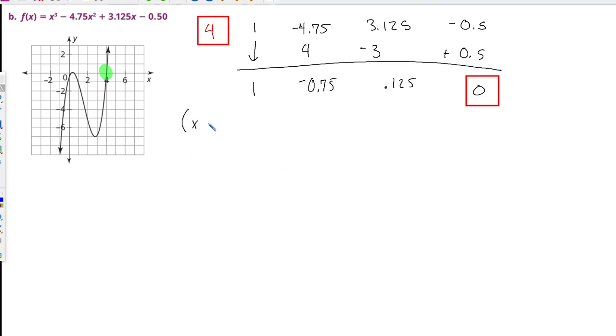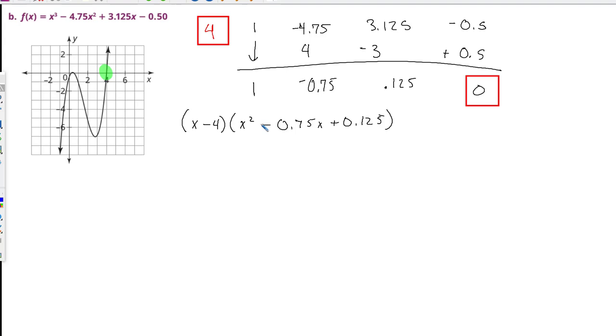So I know that I have x minus 4 times x squared minus 75 hundredths x plus 125 thousandths. And so I could try to factor this, and you could factor it. Or I can go on to the quadratic formula.